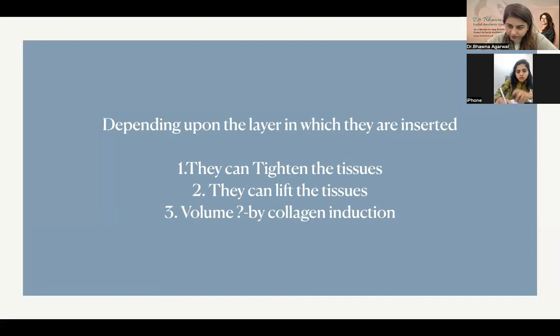When you insert threads, there is some amount of collagen induction because it's causing some kind of tissue injury. So by secondary effect, it might contribute to adding some volume, but that comes after a certain period of time, when collagen fibrils are deposited around the threads. So the primary purpose is to lift the tissues or tighten the tissues.